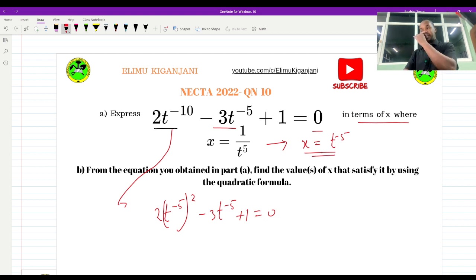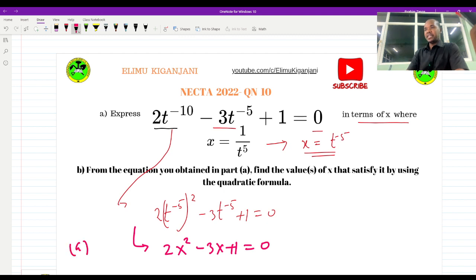So whenever there is t power negative 5, we substitute with x, and this equation is transformed to 2x squared minus 3x plus 1 equals to 0. So that is the solution for part A, where we have expressed the equation in terms of x.